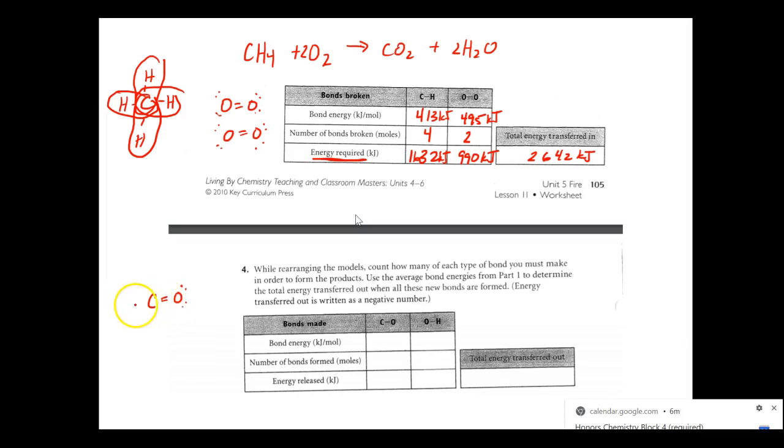What you're going to notice is that when you draw CO2, you're going to have 2 double bonds of C and O. And so we're going to look at the table, and we recognize that a double bond of C and O is 799 kilojoules of energy, and I have 2 of them. So in that case, it works out to be that I have a total of 1,598 kilojoules of energy that are released.